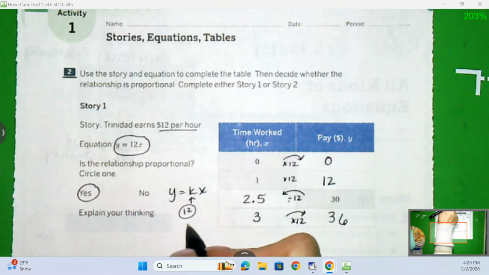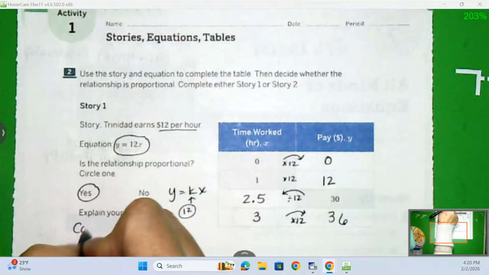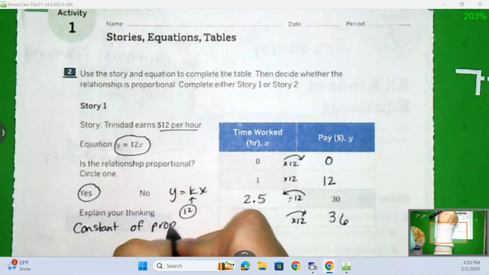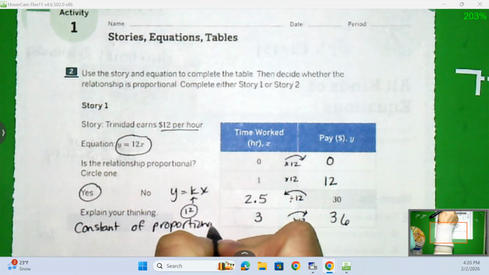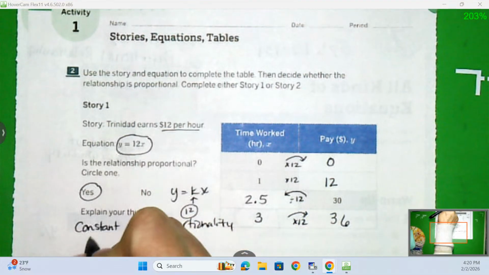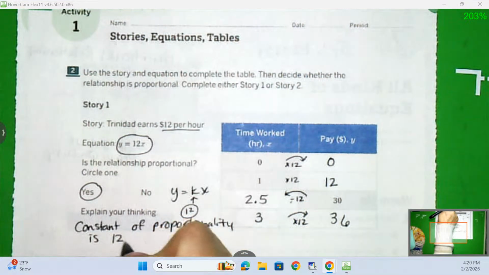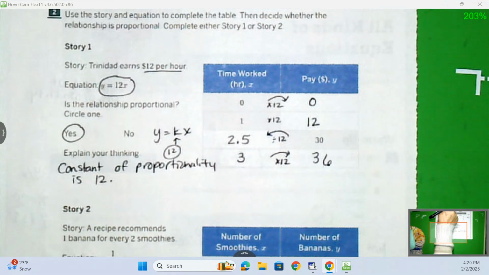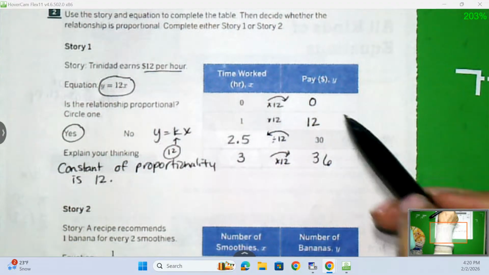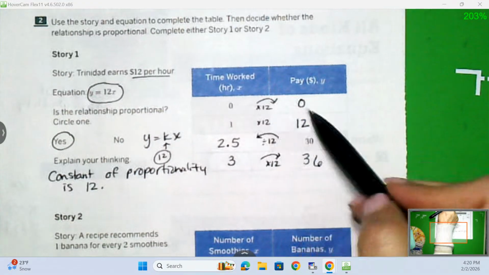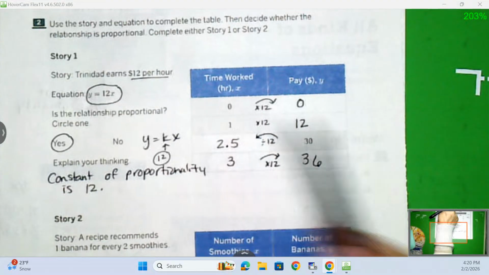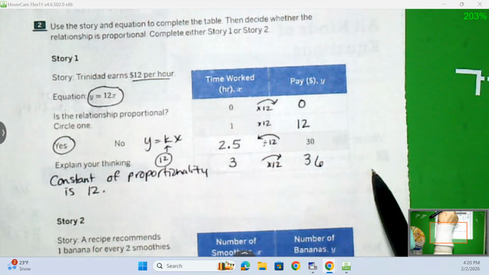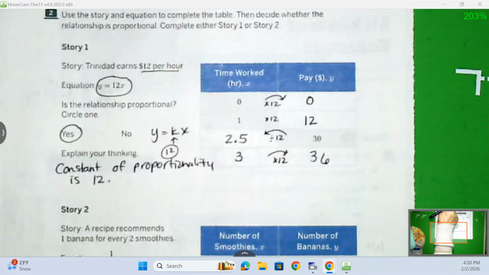Explaining our thinking, the constant of proportionality is 12. You could also check it by getting your unit rate. Besides 0, 0, 12 divided by 1 is 12, 30 divided by 2.5 is 12, and 36 divided by 3 is 12. So they all have the same unit rate.